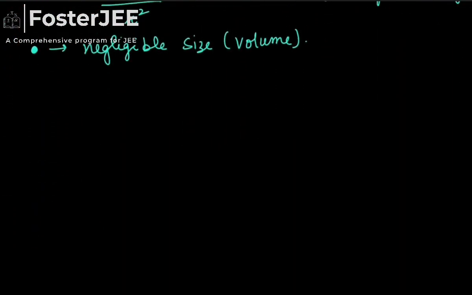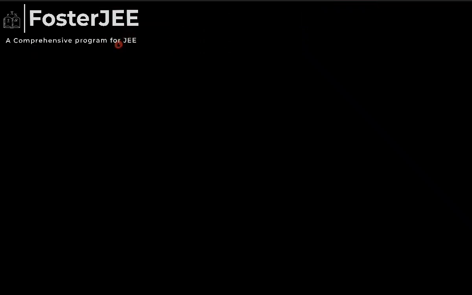Now, my question is, what happens when we place any point charge q1 near another charge q2? Suppose initially they were very far away, they were separate. What happens when it comes closer to q1? Let us suppose they have some distance of, let us suppose, 1 meter.